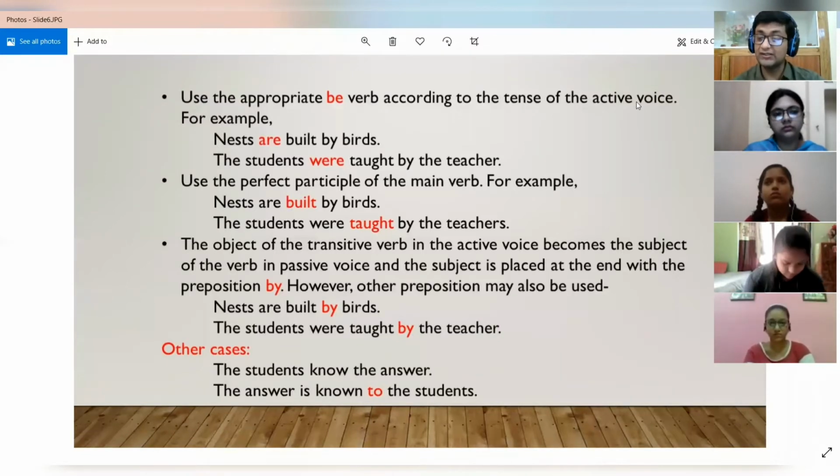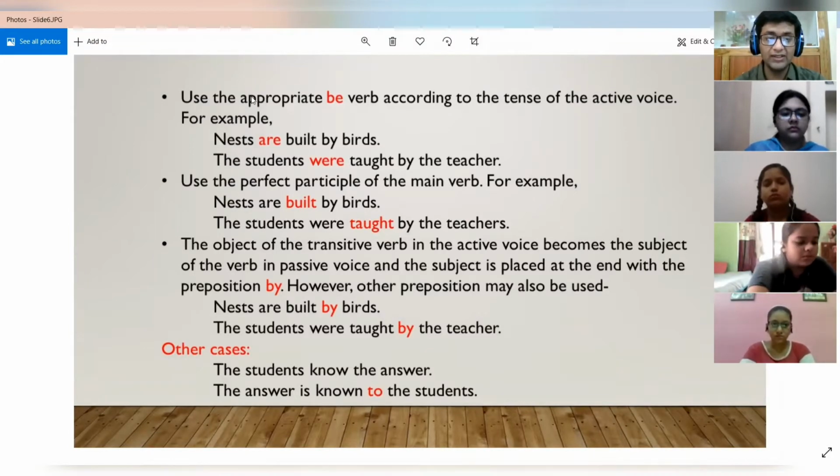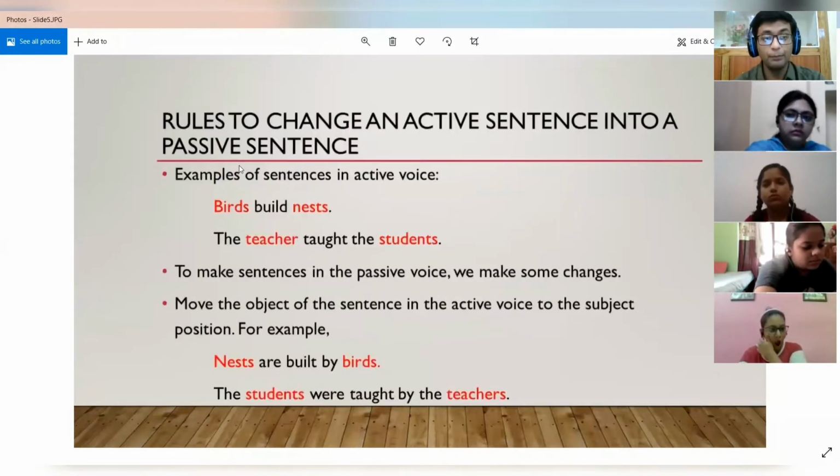So it is necessary to use the be verb when we convert a sentence from active voice into a passive voice. For example, nests are built by birds. If we go back to the previous sentence, we will find that it is birds build nests.